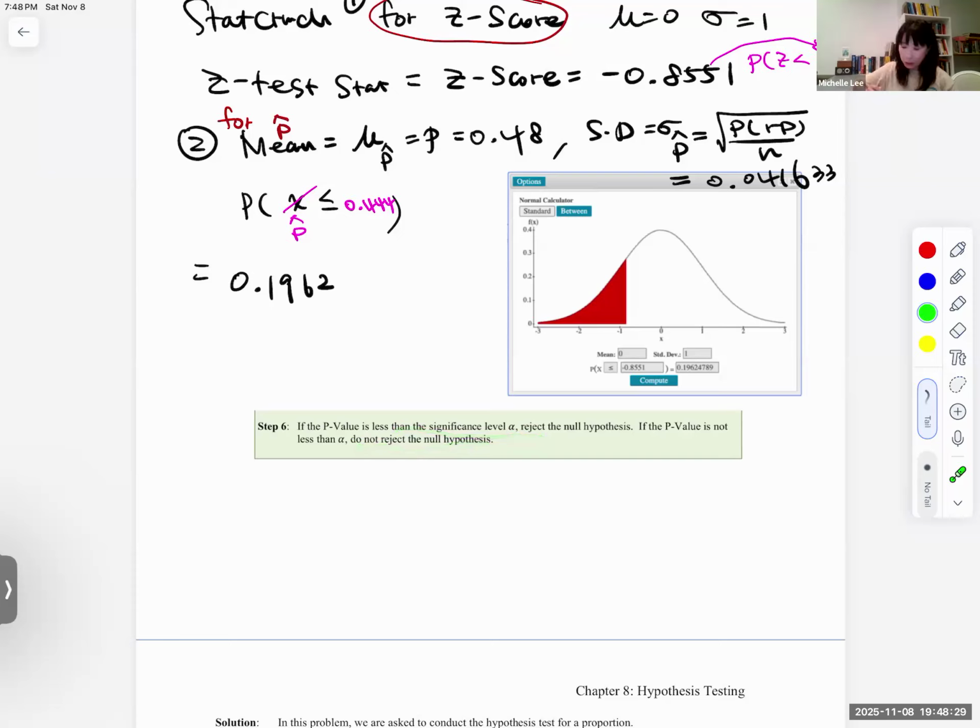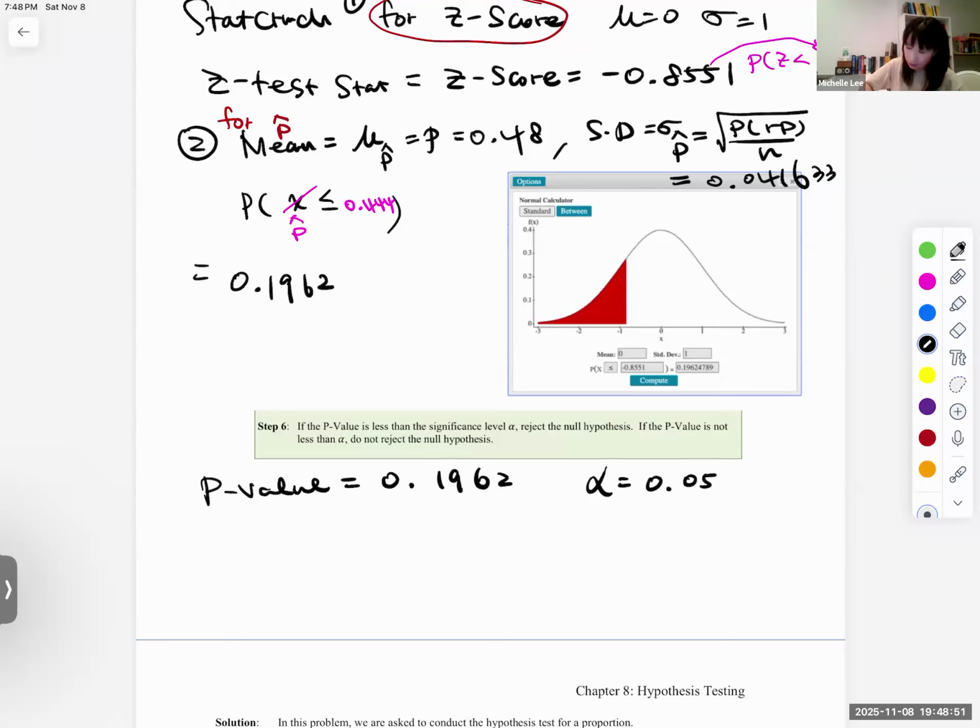Okay. All right. So we have to conclude whether we reject or do not reject the null hypothesis, right? This is the p-value, which is 0.1962. We compare with alpha, which is 0.05. It's greater, so we do not reject the null hypothesis, H sub 0.